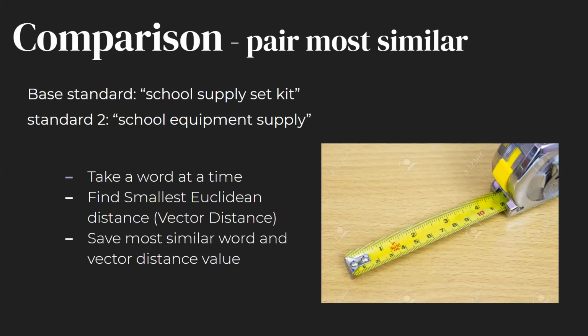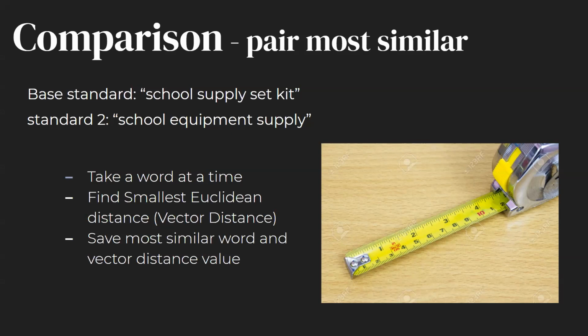Now that we have converted all words from both standards into vectors and decided as a team that the larger standard should be compared to the smaller standard, we can start finding pairs of which words from the base standard are most similar to which words from standard 2. To do this, we take one word at a time from the base standard and compare the Euclidean distance against each word of the smaller standard, labeled as standard 2.